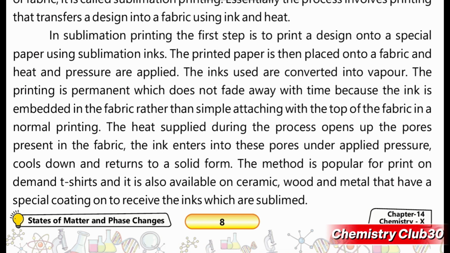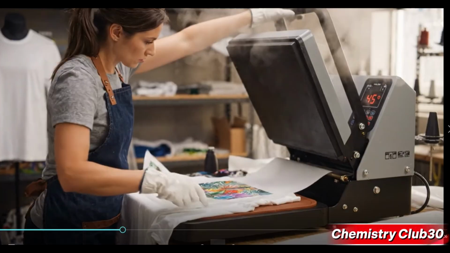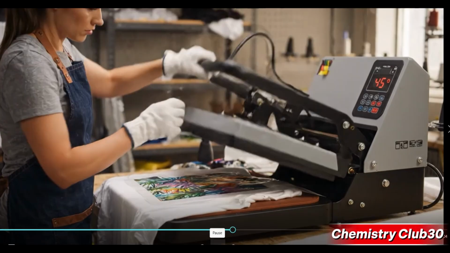The method is popular for print on demand t-shirts and is also available on ceramic, wood, and metal that have a special coating to receive the ink. In this video you can observe the sublimation printing that is being done on a shirt.